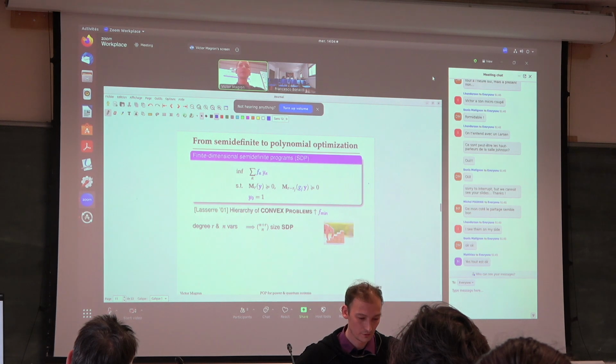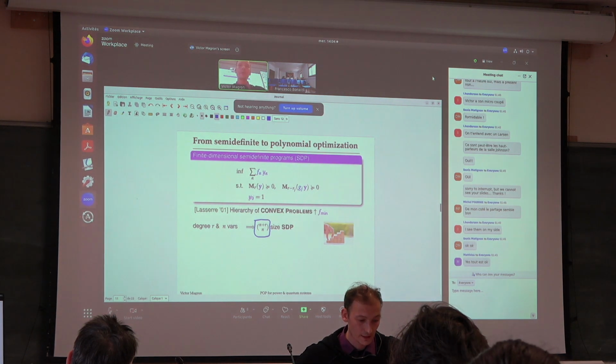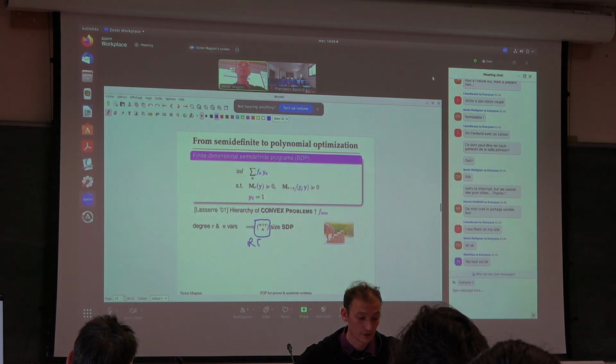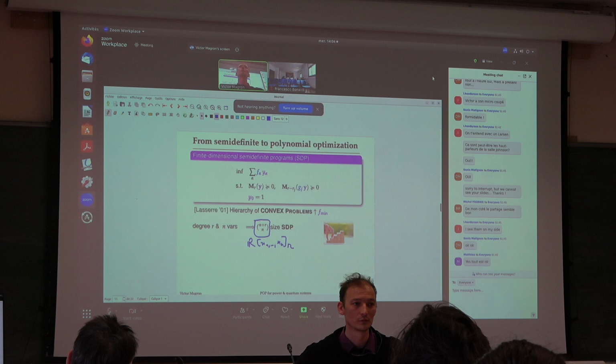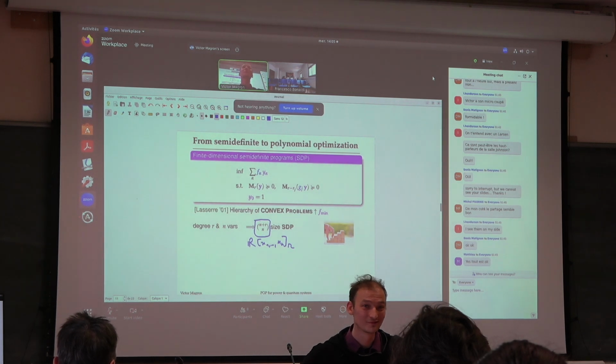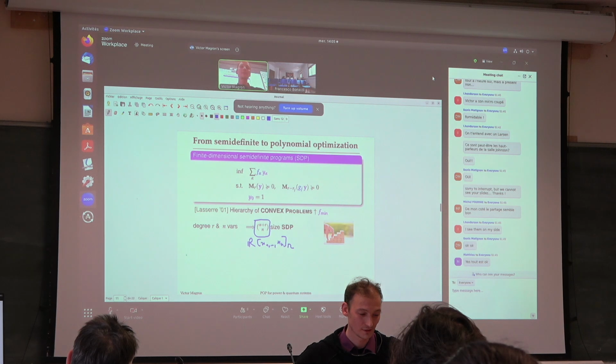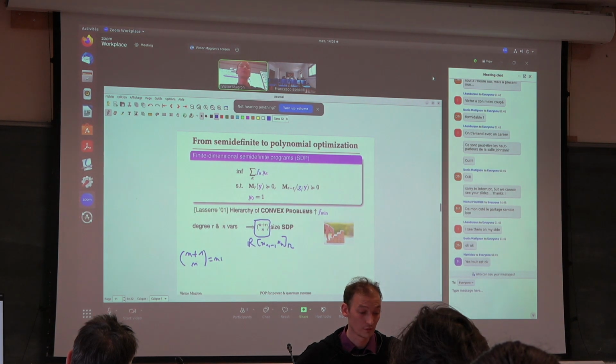So this number here is the dimension of the vector space of polynomials depending on x1 up to xn with degree r. Is it clear for everyone? Have you ever seen this somewhere? In the univariate case, is it clear? So in the univariate case, it's n plus 1. No, sorry.